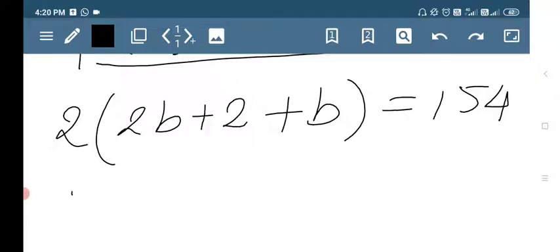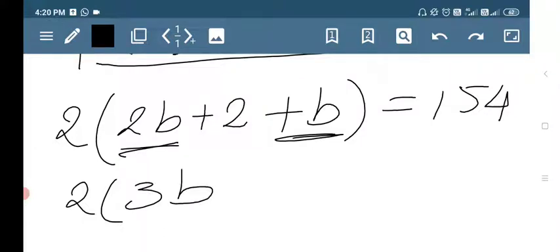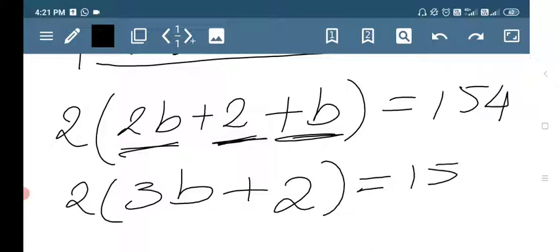So now 2 of (2b plus b) is 3b. Can we add this 2 to 3b? No, it is an unlike term because it doesn't have b, so it cannot be added with b's.